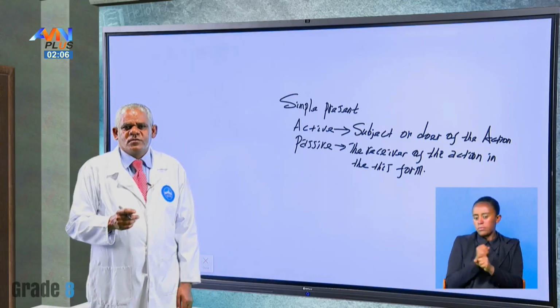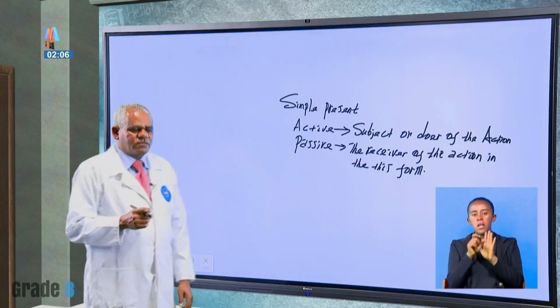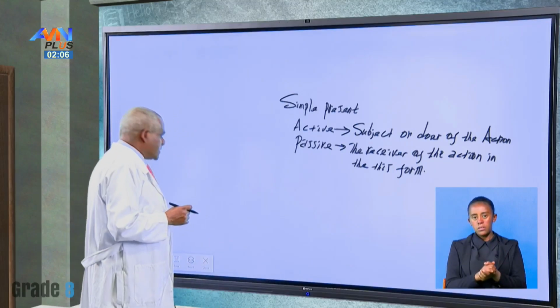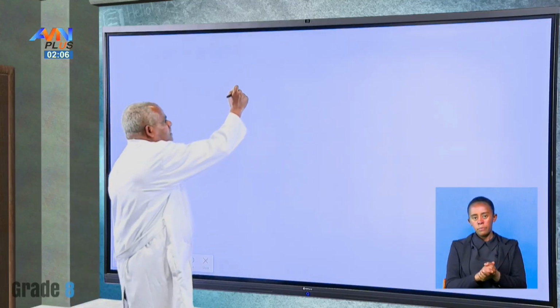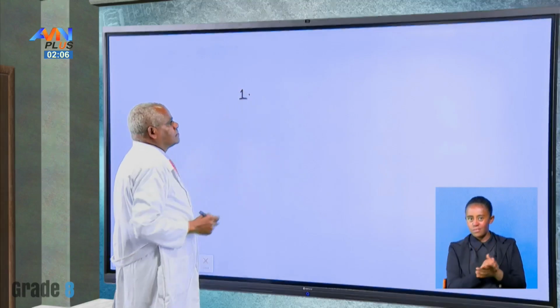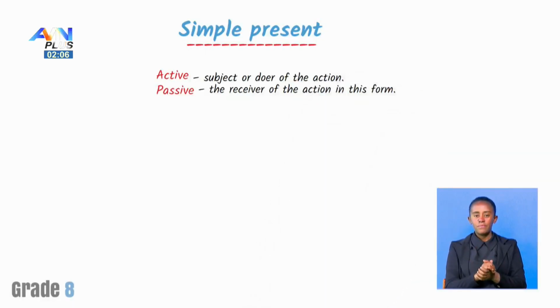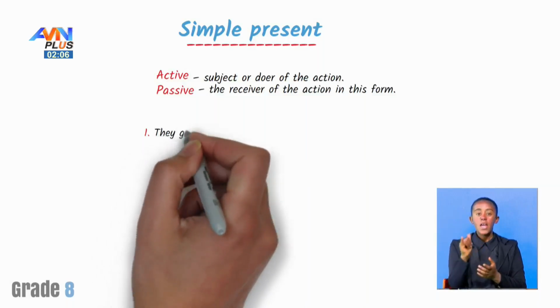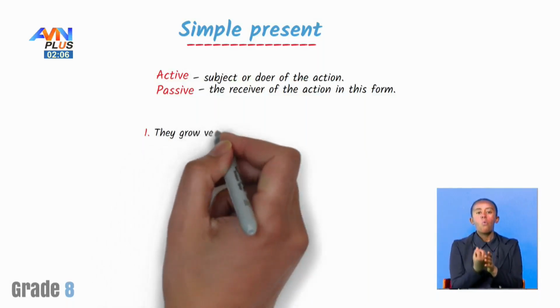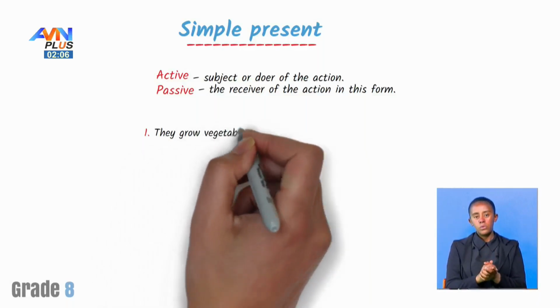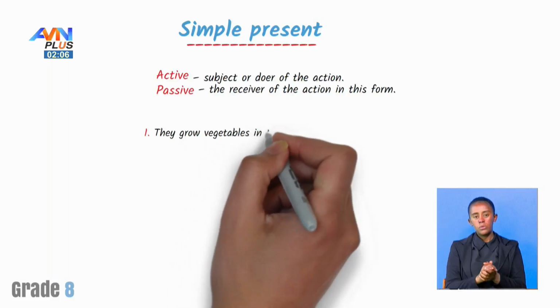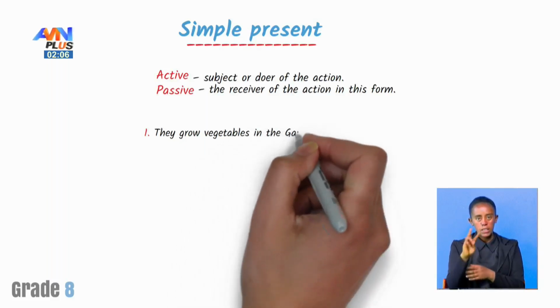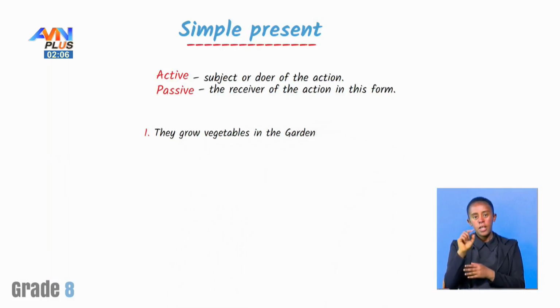I would like to give you some sample examples now. Look at these sentences. Sentence 1: They grow vegetables in the garden.